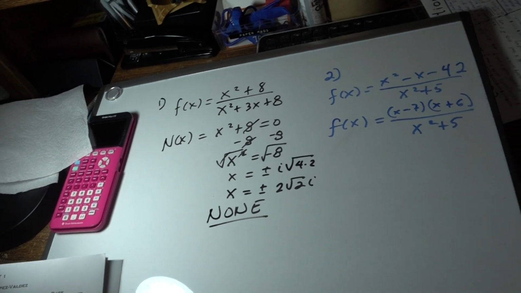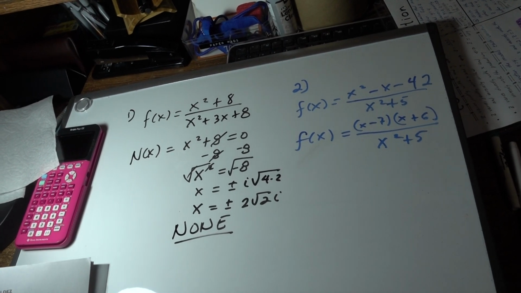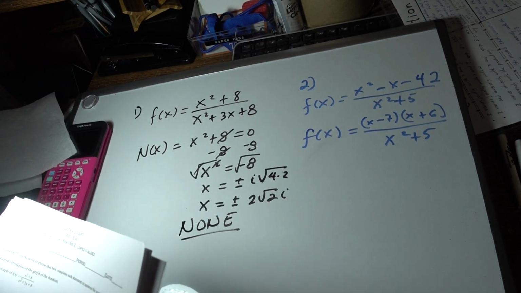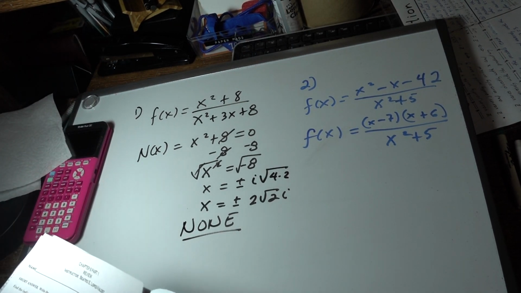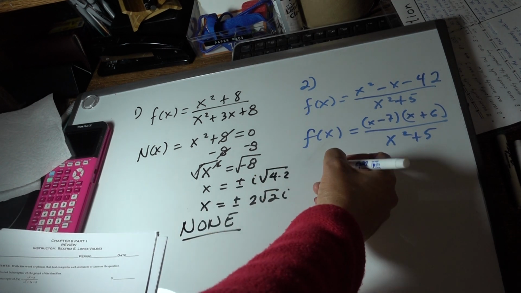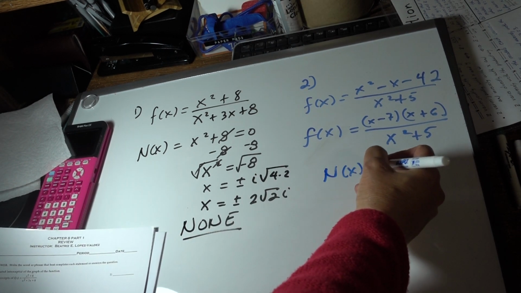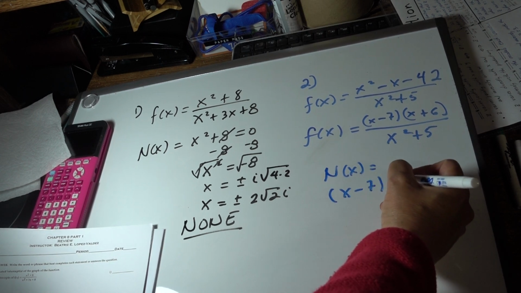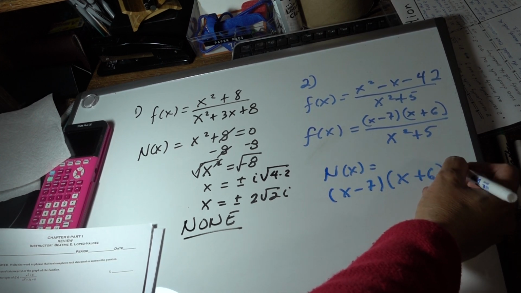And when you add them together, we have negative 1. Since we're setting the numerator equal to 0, this is going to be x minus 7 times x plus 6 equals 0.